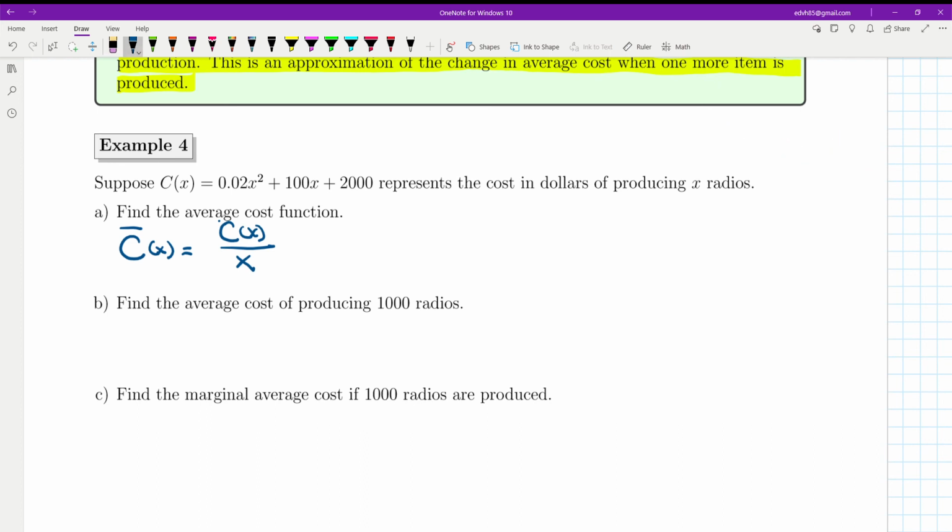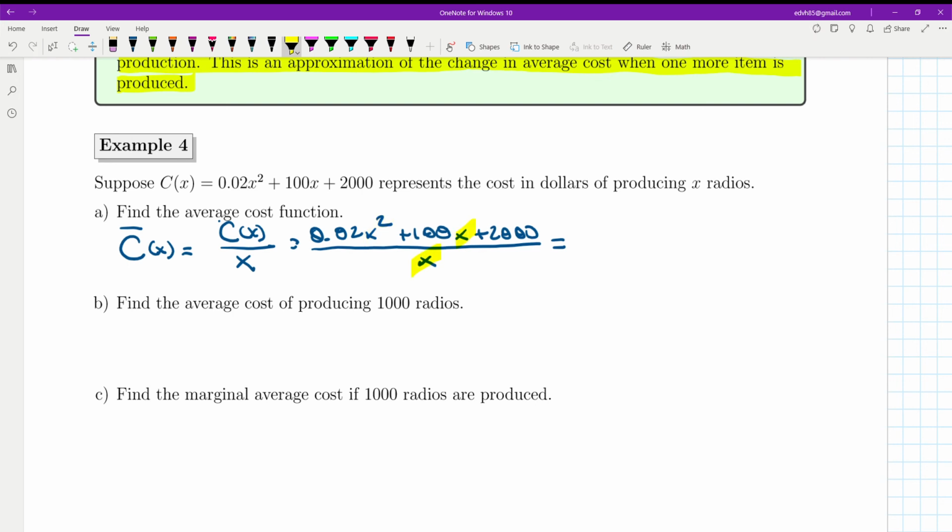So what we do here is write down the cost function, which is 0.02x squared plus 100x plus 2000, divided by x. Just divide x squared by x to cancel, and get just x.